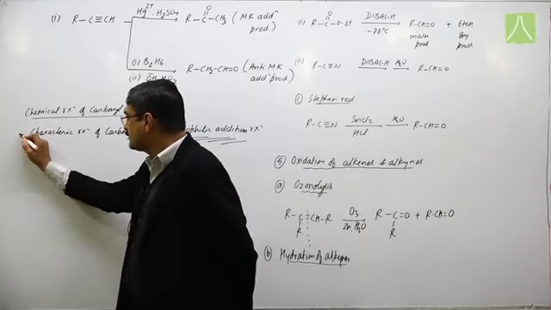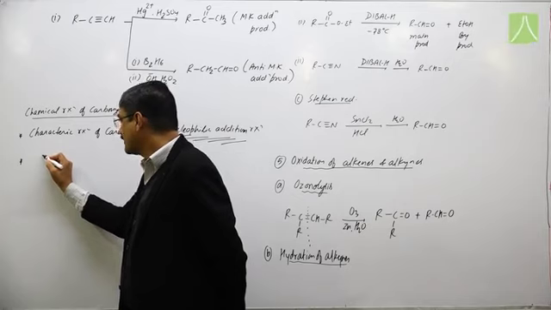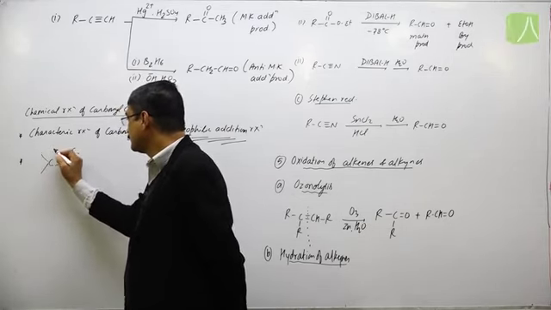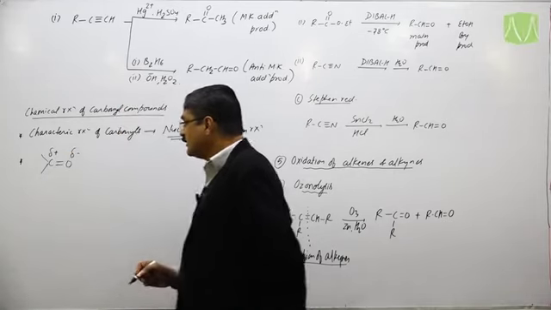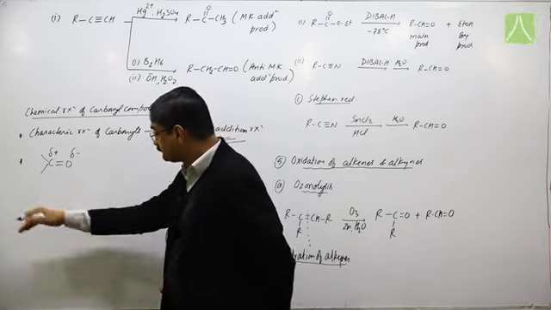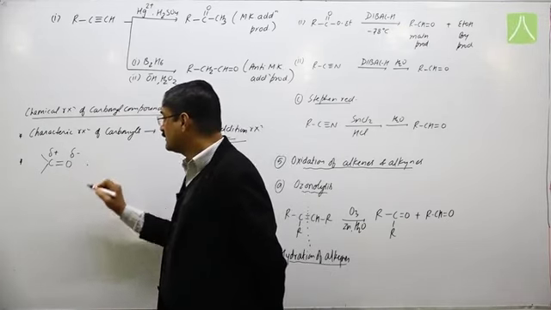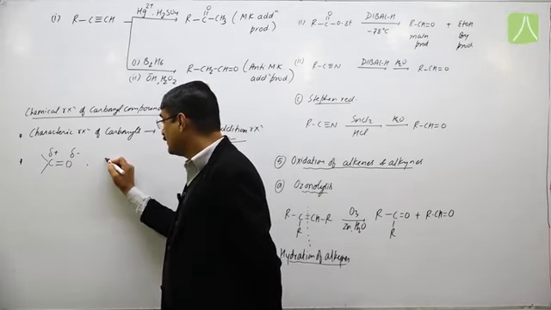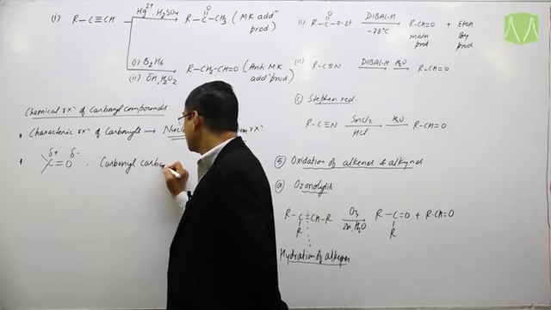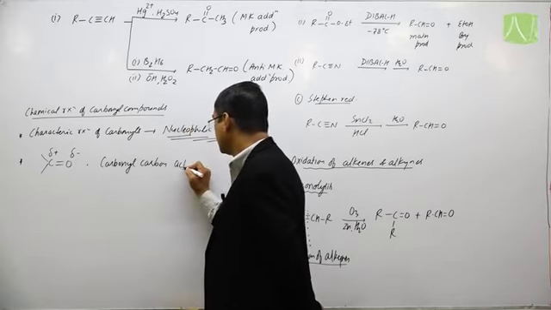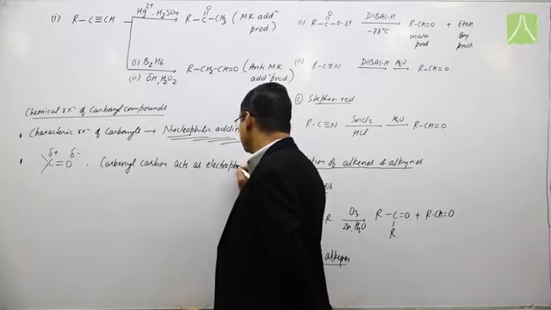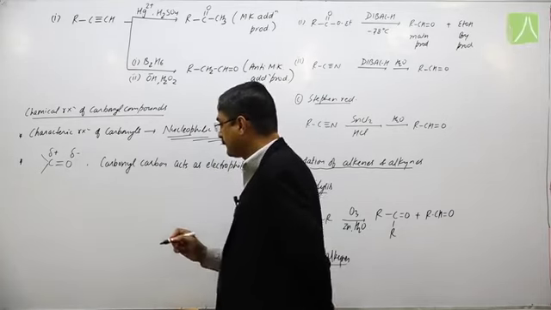Reason behind this is because structure of carbonyl is like this, C double bond O. So partial positive and negative charges are present on the carbonyl group, and carbonyl carbon acts as electrophile.